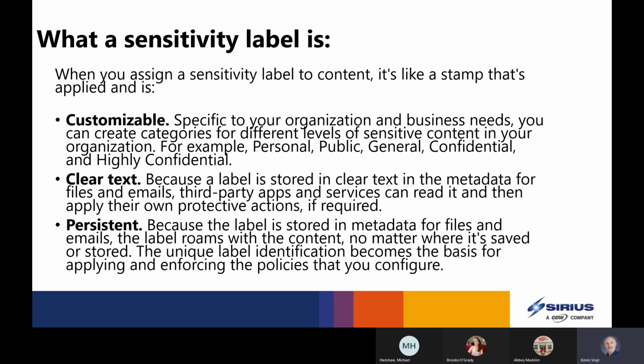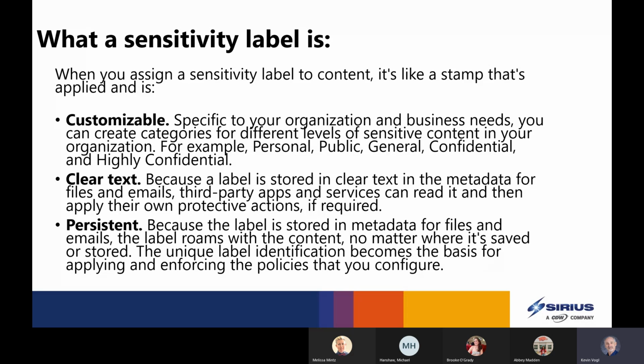You can set these different categories and then give these documents, information, these labels to really help you make sure that the right people get to see the information, but only the right people. And then you can use clear text. So this label can be stored in clear text, metadata for files and emails, third-party apps, and services can read it and then apply it to protect those actions.